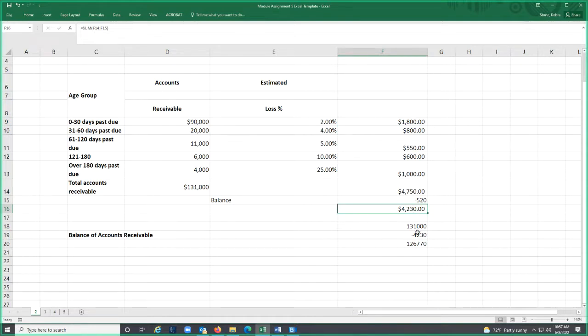So if your total accounts receivable was 131, I would take the 131, subtract 4,230, and get the balance of accounts receivable, which is 126,770. Now these answers are my numbers, so you would have different numbers, but that's how it's done for that problem.